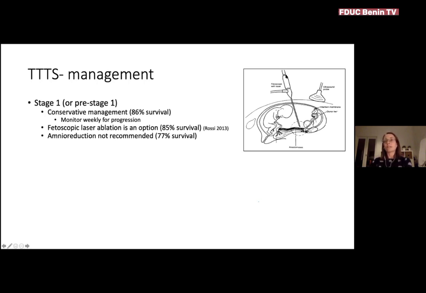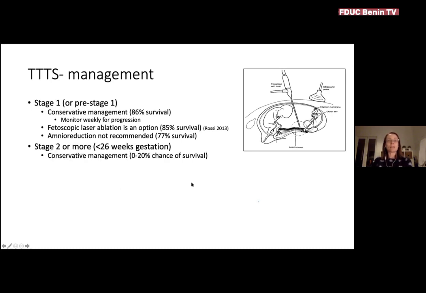So the theory of that is that we use an endoscope to go into the uterus, look at the placenta, and ablate those abnormal vascular connections that I was showing you. Amnioreduction isn't recommended for stage 1 because studies have shown that the survival rate is less with amnioreduction than with the other two options.